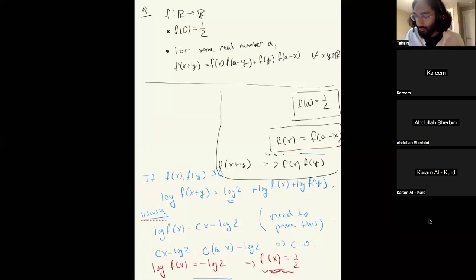Should I send a photo? Yeah, you can send a photo. Or is it maybe something you can explain? Yeah, I can explain it. Okay, yeah. So maybe you can tell us your first step from here.